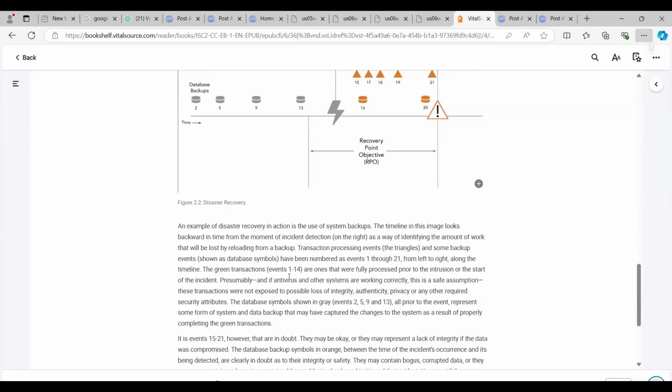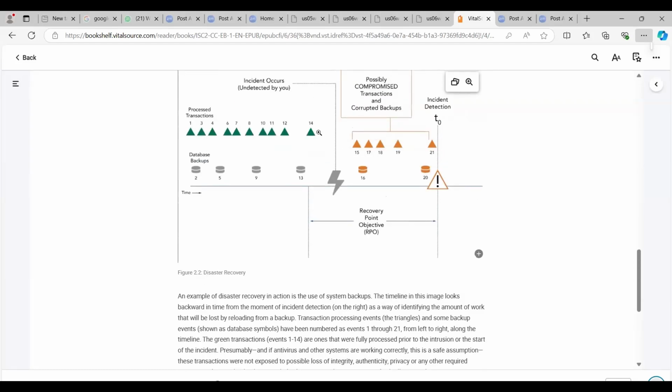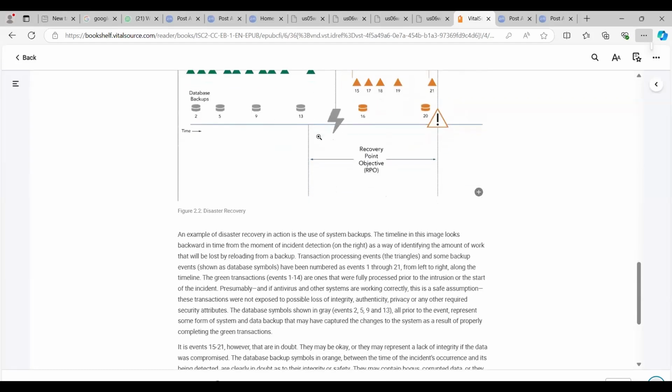So the green transaction events 1 to 14, which is this, are ones that were fully processed prior to the intrusion or the start of the incident. Those backups are safe. 1 to 14. Then an incident has not occurred, so they are good. So presumably, and if antivirus and other systems are working correctly, this is a safe assumption.